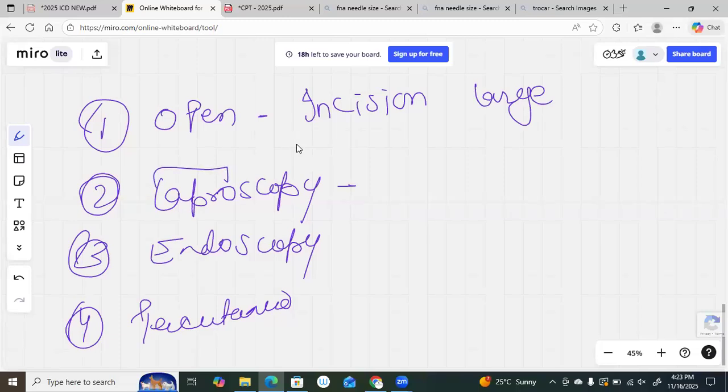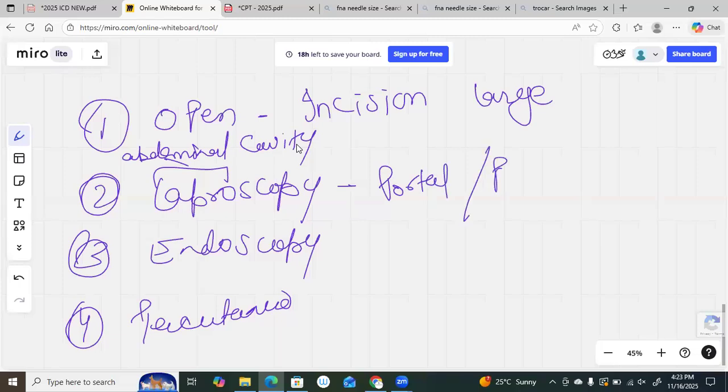Lapro means abdominal cavity. So whenever a scope has been inserted through the abdominal cavity with the help of portals or ports, then we are going to call it a laparoscopic approach.